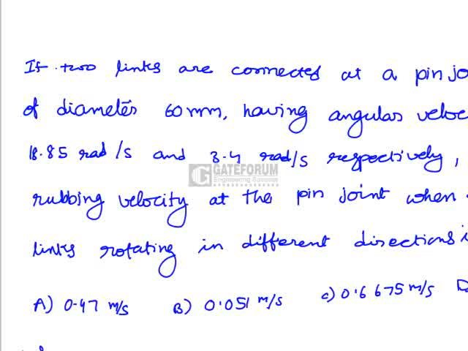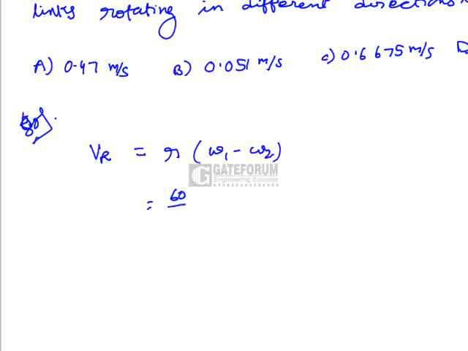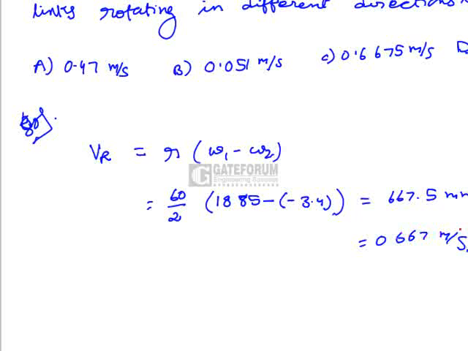So here the pin joint diameter is 60 mm, so that the radius of the pin joint is 60 by 2, and omega 1 is 18.85 radians per second. Omega 2 is 3.4 radians per second. But these two are rotating in opposite directions, so that one is plus and another one is minus. From this equation, it is equal to 667.5 mm per second, and is equal to 0.667 meter per second, and in the option, the right option is C.